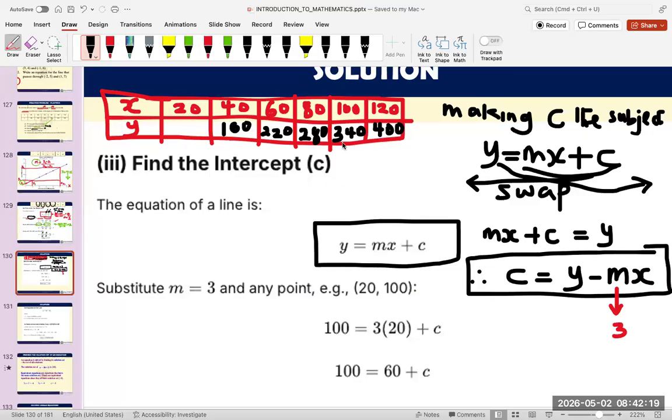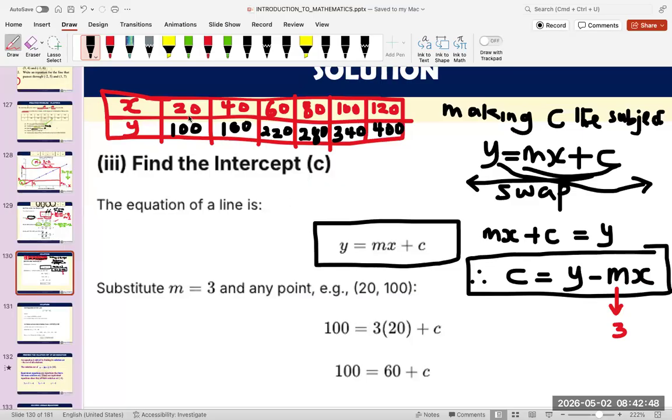So 400, 340, 280, 220, 160, and then 100. So for the C, you can use any of these points to represent X and Y. After all, that's what we are seeing here. These are the X values. These are the Y values. So you can choose any X and Y and fix it here.